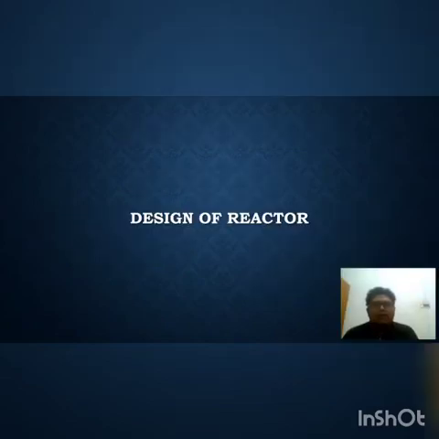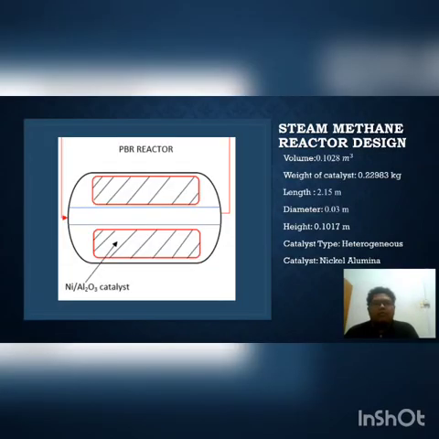The design of the reactor. We have used a packed bed reactor as our main reactor for our chemical reaction, which is steam methane reaction. We have agreed that we must use the volume of this reactor, which is 0.1028 meter cube.